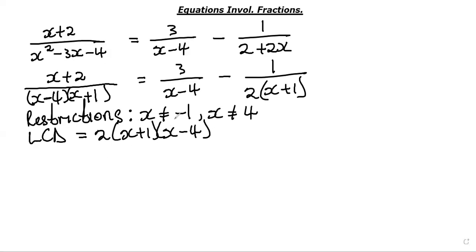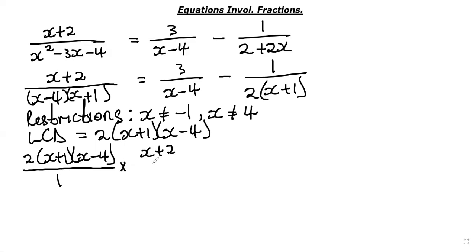Right. Now that we know our LCD, we take our LCD, divide it by 1, and multiply it by the first term. So the first term is (x plus 2) divided by (x minus 4)(x plus 1), like that.